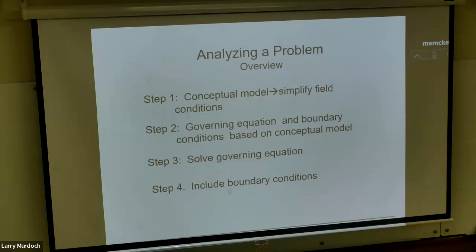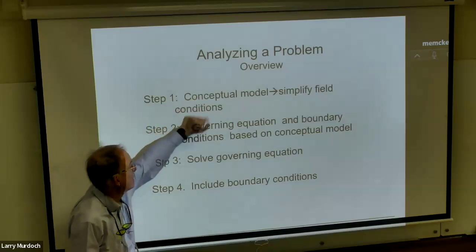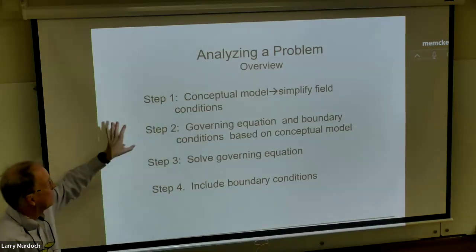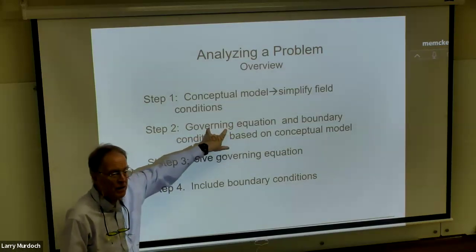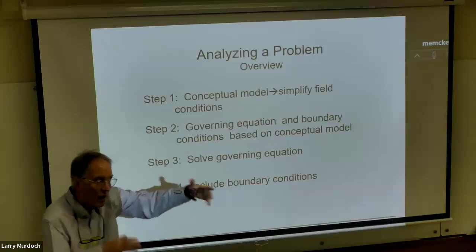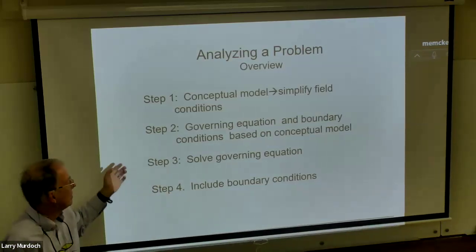Here's how we're going to go about it. Let's take a step back, and this is the process that we're going through. We had the field setting. We simplified the field setting, generating a conceptual model. Then based on that conceptual model, we were able to come up with a governing equation. It was 1D and steady state and so on.